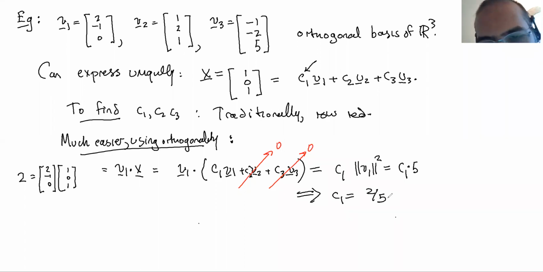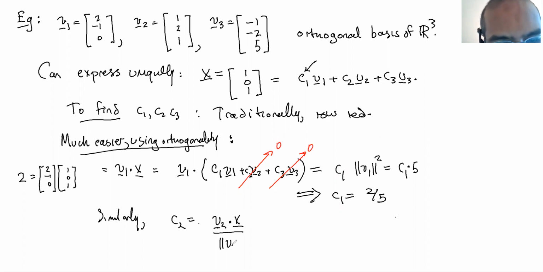Okay, so we solved for C1. Similarly, we can solve for C2, right? C2 is again going to be a certain ratio. It's going to be U2 dot X divided by norm of U2 squared, which is in this case what?